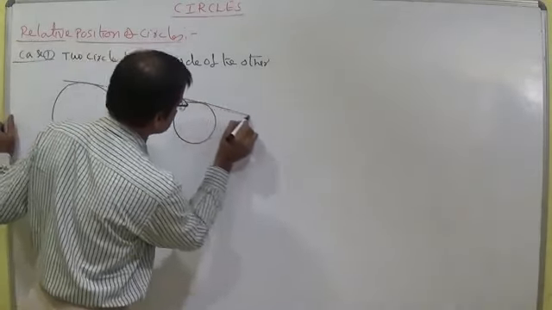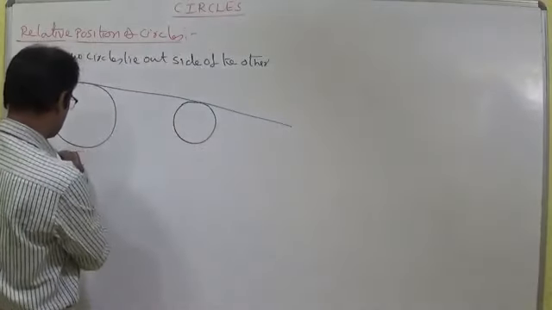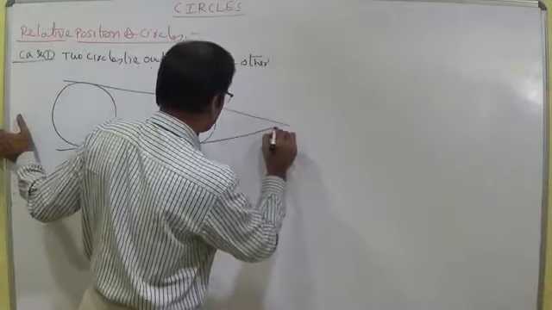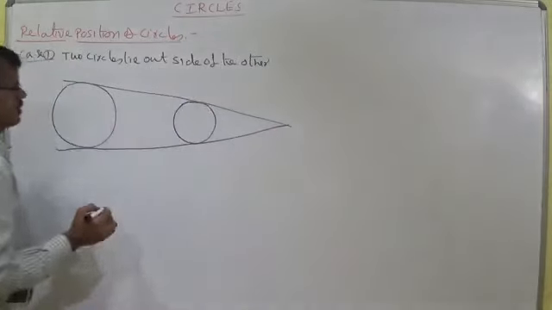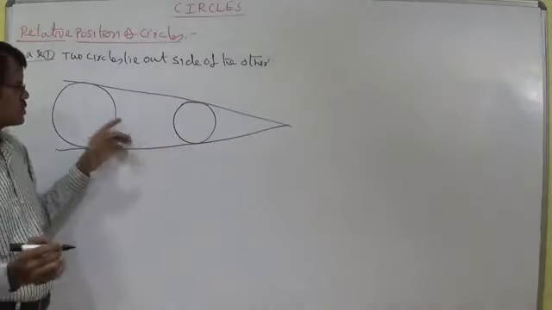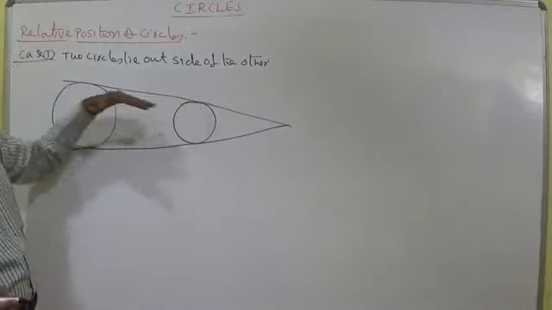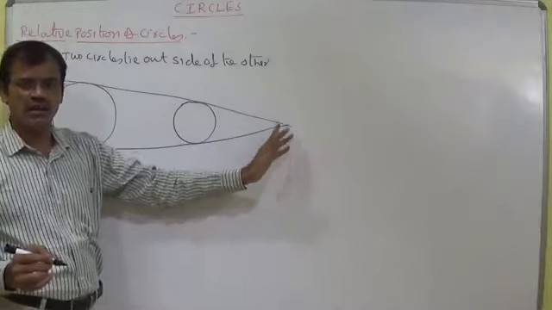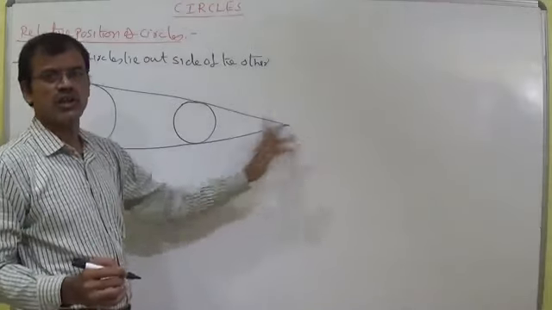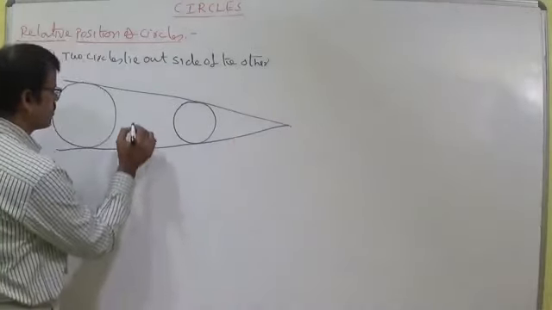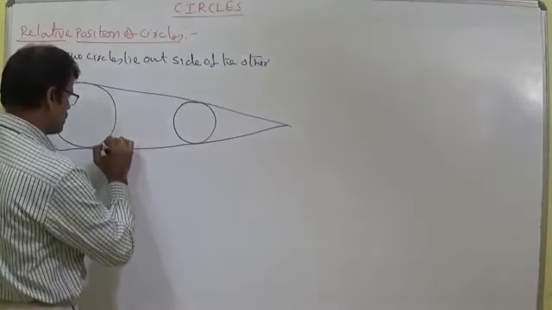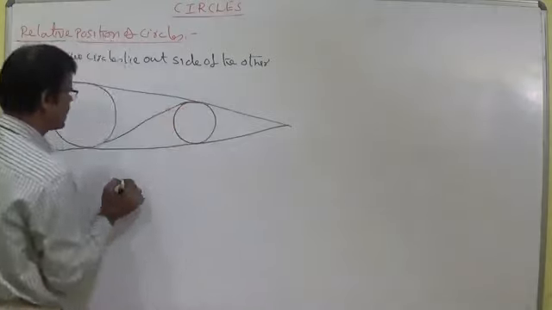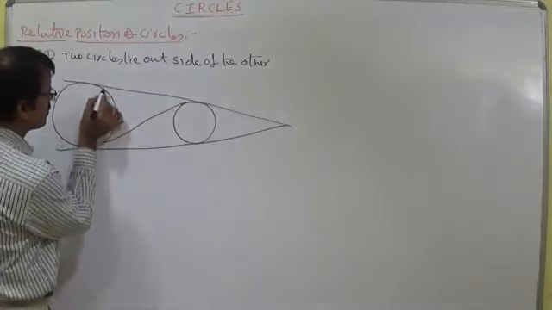Draw like this and draw like this. Here for 2 circles we have drawn 2 tangents. The 2 tangents intersect at a point external to the 2 circles. For the 2 circles again we can draw tangents in between like this.